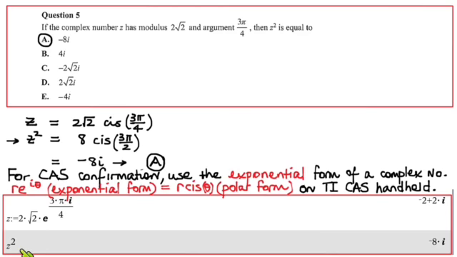And then you can just square z and you get the answer, minus 8i. Alright? So that's a really nice little trick for you. You can now do polar form in the TI-CAS handheld as this exponential form equivalent. Okay, just remember r e to the i theta is the same as r cis theta. Okay, now that's option A as we were saying.